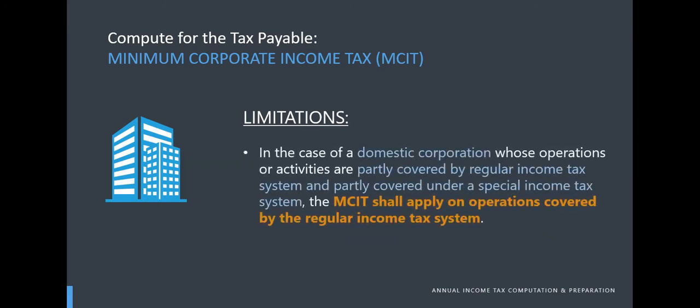Limitations. In the case of a domestic corporation whose operations or activities are partly covered by regular income tax and partly covered under a special income tax system, the MCIT shall apply on operations covered by the regular income tax system only. So, as discussed earlier, yung special income tax is covered by another law.